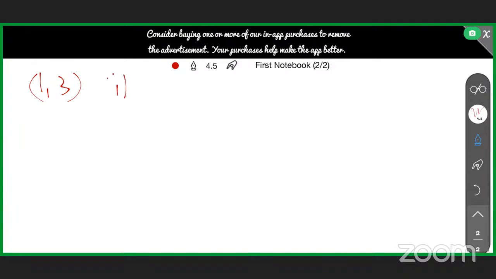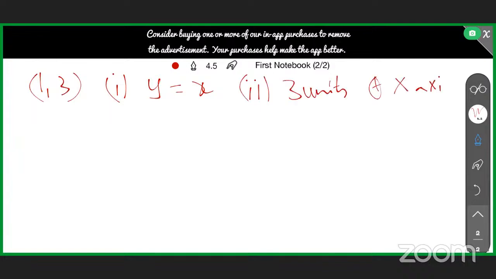First thing, reflection in y equals x. Second, translation. And then rotation of angle theta is 5 by 6 in the clockwise direction.